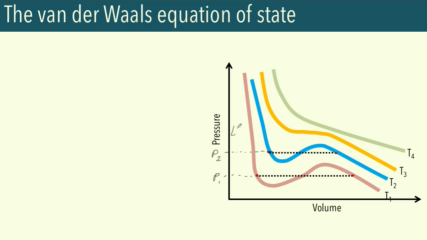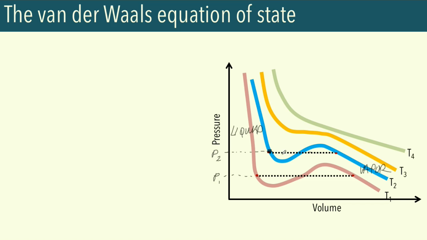Recall that we have a liquid here, and we have a vapor, or a gas, here. If you're in the liquid phase, around here, and then you reach this particular pressure and temperature, you start to increase your volume while retaining the same pressure. This volume change that you observe here is your liquid slowly transforming itself into a vapor.